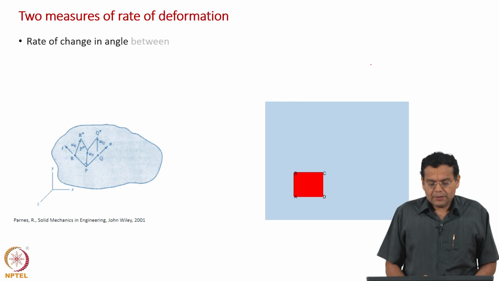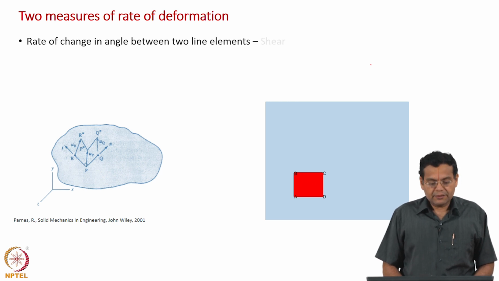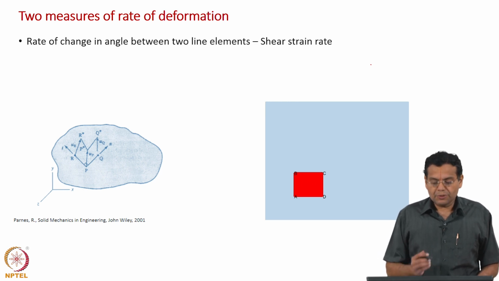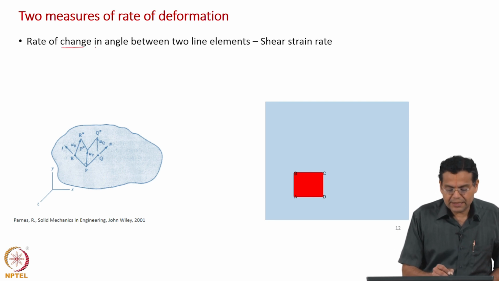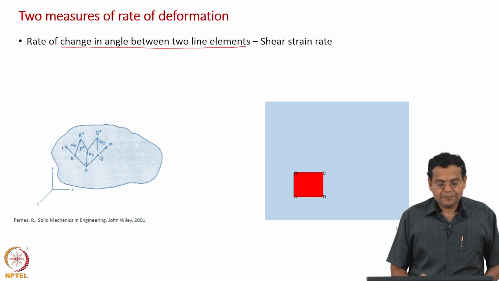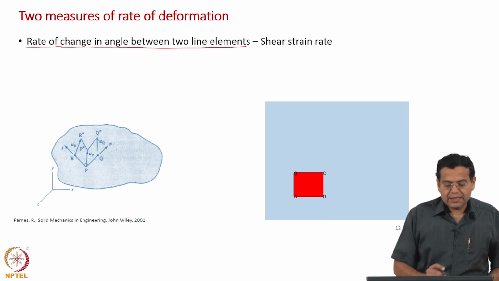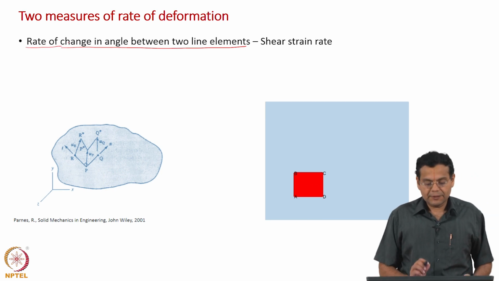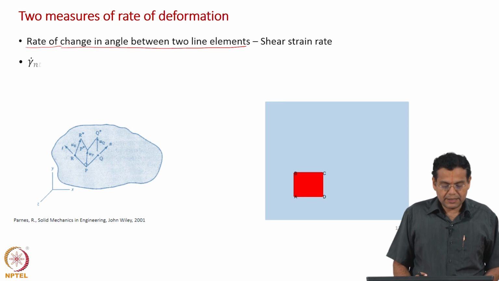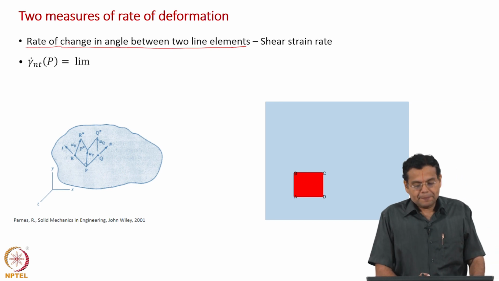define shear strain rate. How do you define it? Earlier we said change in angle between two line elements. Now, it is the rate of change in angle between two line elements. Okay. So, let us see how you formally define the shear strain rate.